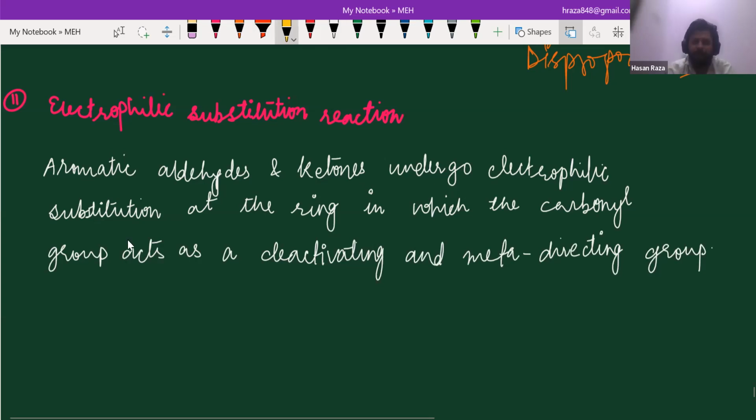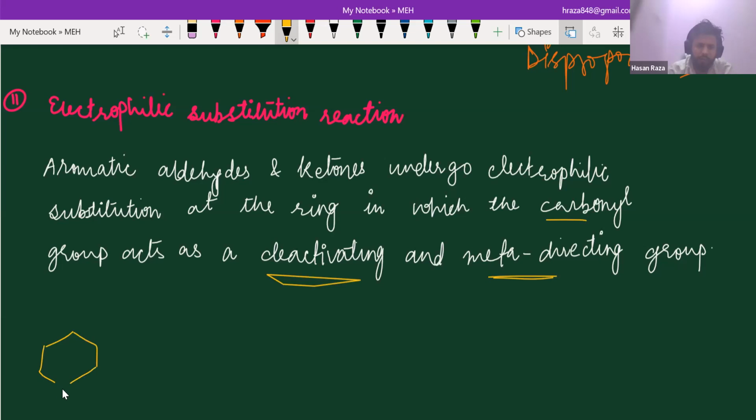So aromatic aldehydes and ketones undergo electrophilic substitution at the ring, in which the carbonyl group acts as a deactivating or meta directing group. That means, I'm going to do it. You can see this is your benzene, and aldehyde is ring deactivating.